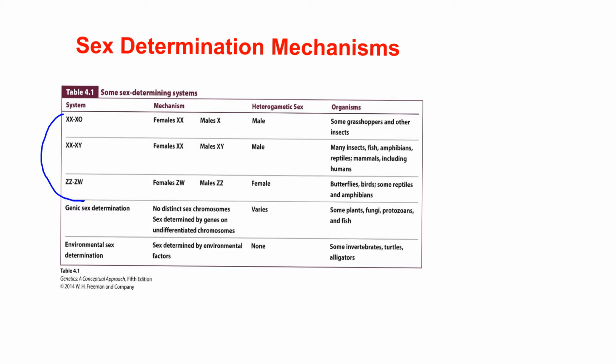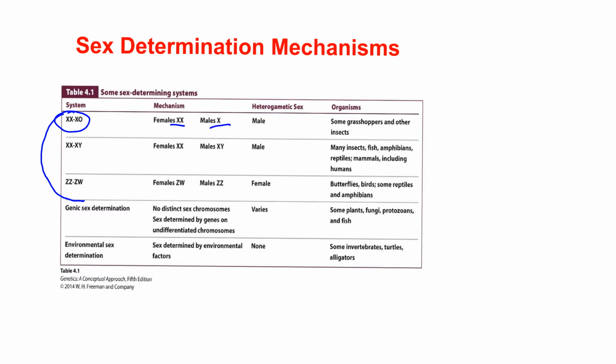So let's start with a simple system, which is the XX-XO system, which was also described as a first. You can find the system in grasshoppers and some insects. In the XX-XO system, females are homogametic and males are heterogametic.